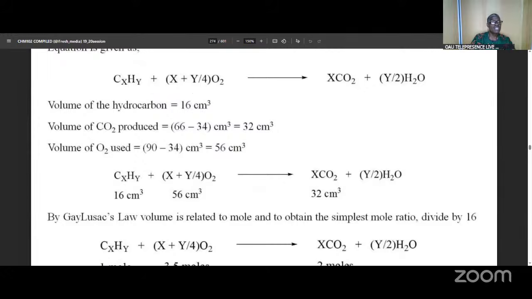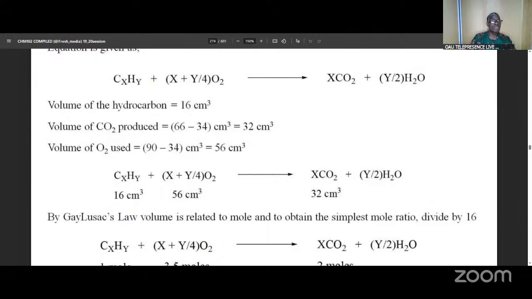Now, it is important that you bring out the various parameters and their quantity. So, from our question, the volume of the hydrocarbon that we want to identify is 16 cm³. That's the volume of the hydrocarbon.